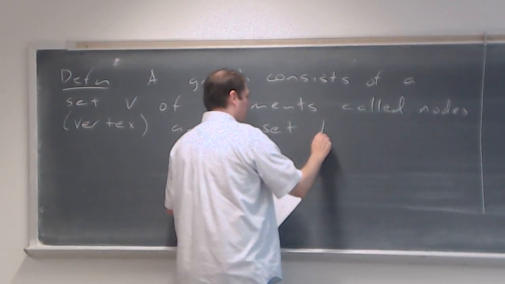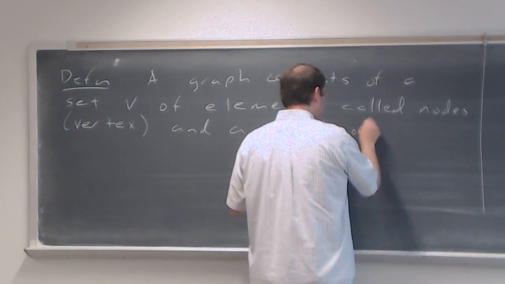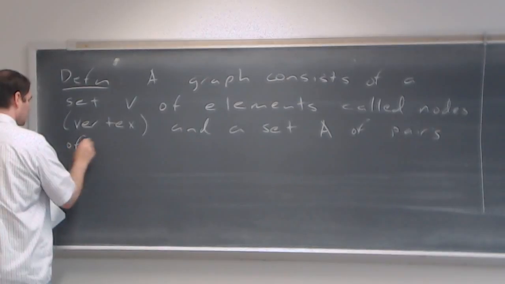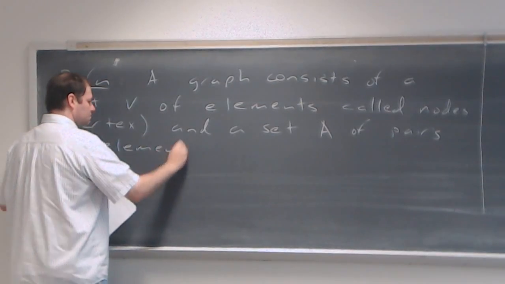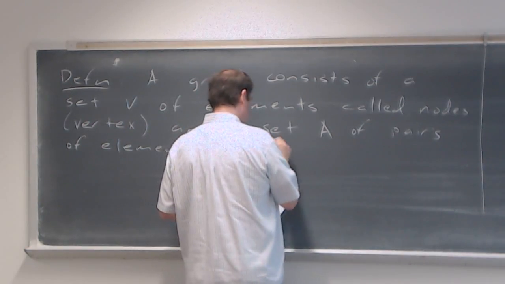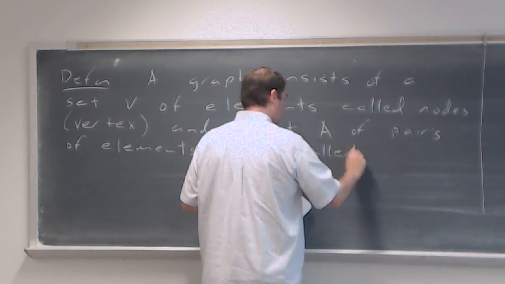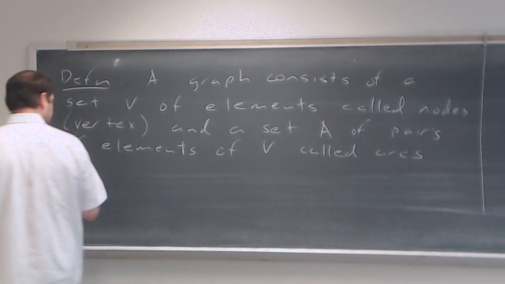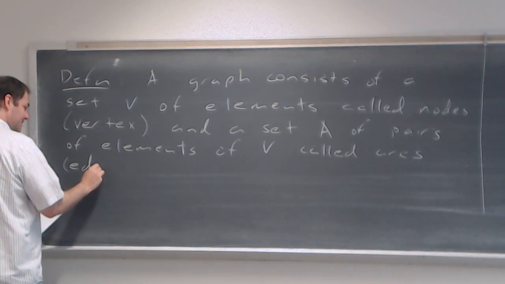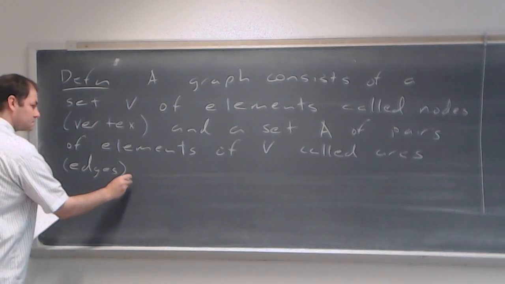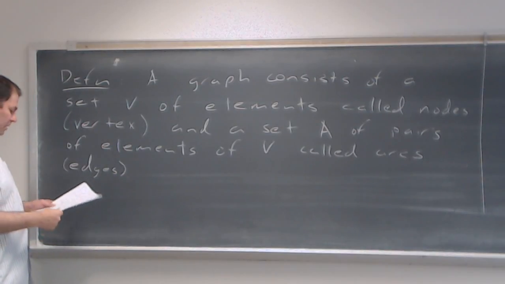And a set A of pairs of elements of the V called arcs. They're also sometimes known in graphs as edges. Okay. So that's what they are.